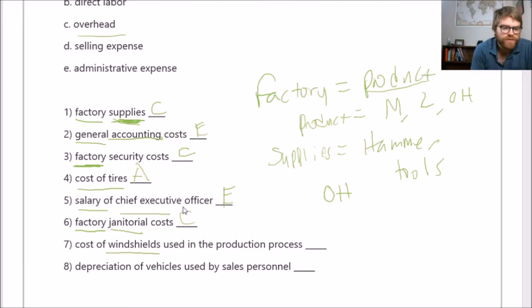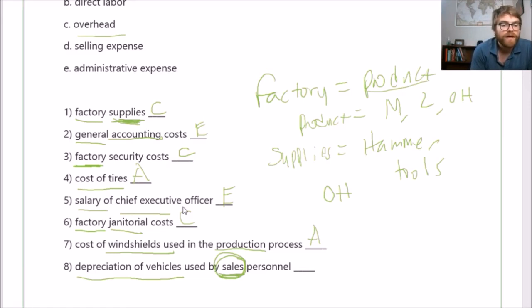Costs of windshields used in the production process. Well, to build that car, you need a windshield. That's an essential material. So that's A, direct materials. The depreciation of vehicles used by sales personnel. This is a really important word there. So depreciation of equipment used in the factory, well, it's factory related. Depreciation is called overhead when it's in the factory.